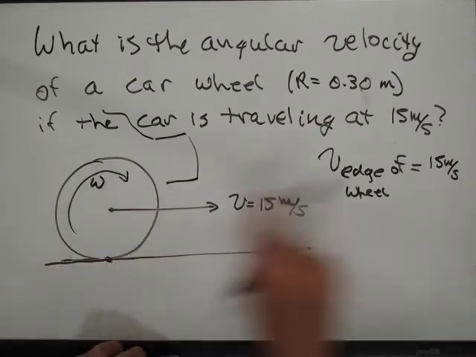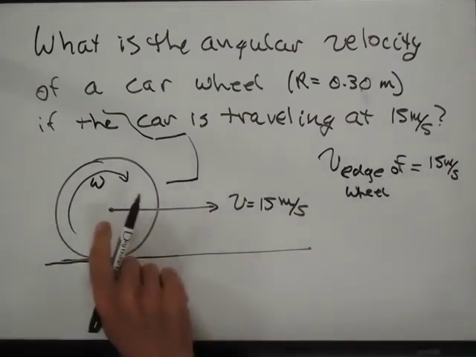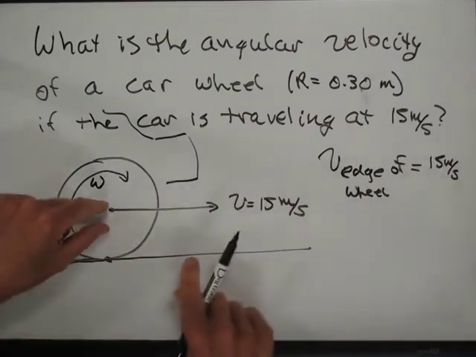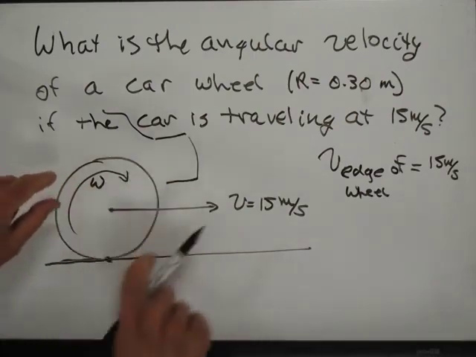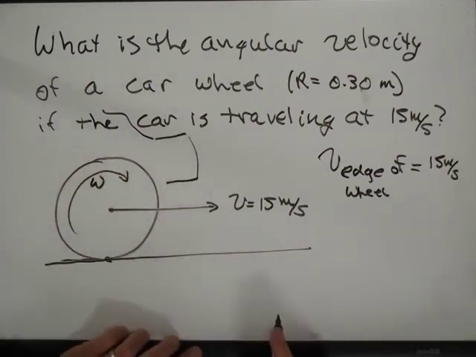So the wheel is rolling along the ground and the center of the wheel is moving at 15 meters per second, which means the edge of the wheel is spinning at 15 meters per second.